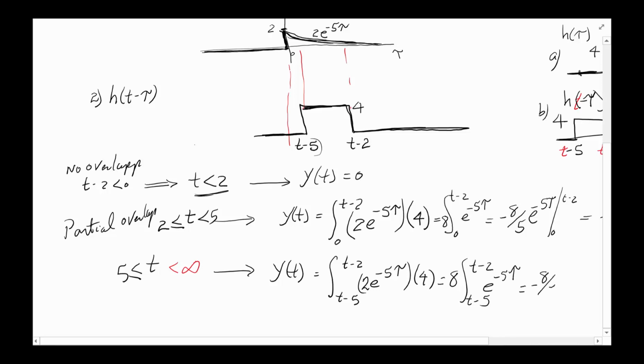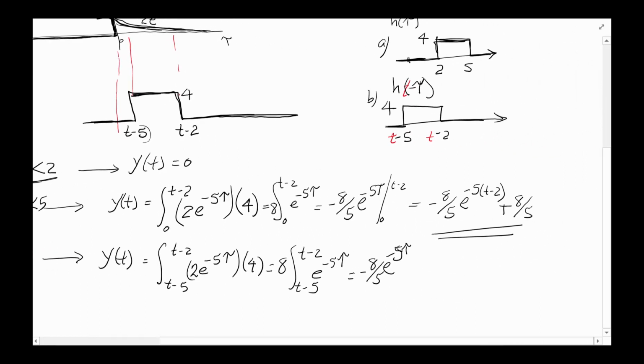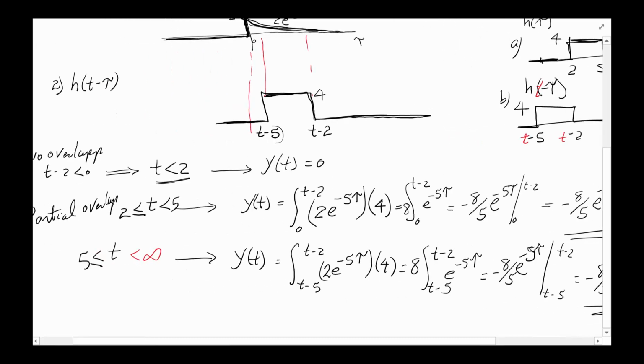It's going to be minus 8/5 e to the minus 5 tau, where the integration limit goes from t minus 5 to t minus 2. So you're going to get minus 8/5 e to the minus 5 (t minus 2) plus 8/5 e to the minus 5 (t minus 5). Okay? And that's it. We are done.